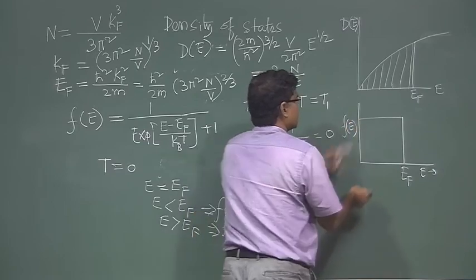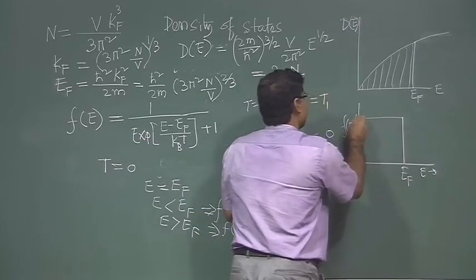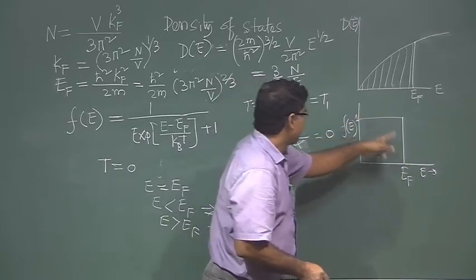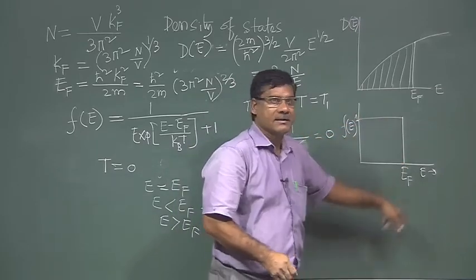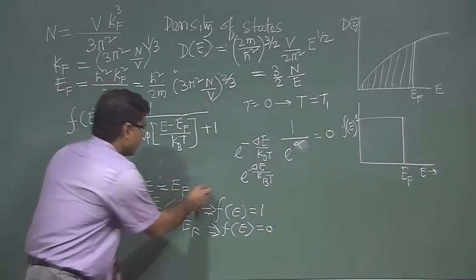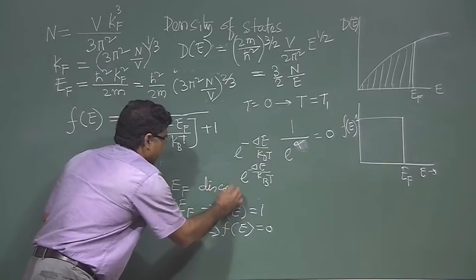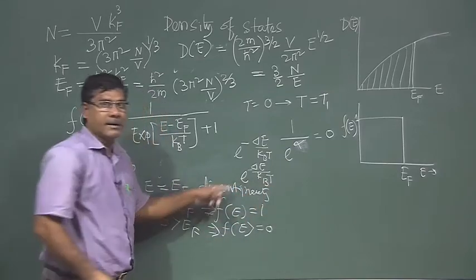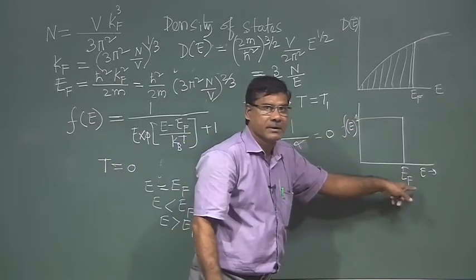So, the maximum value is 1, okay, and 0. So, as I told, when E equal to EF there is a discontinuity. Okay.